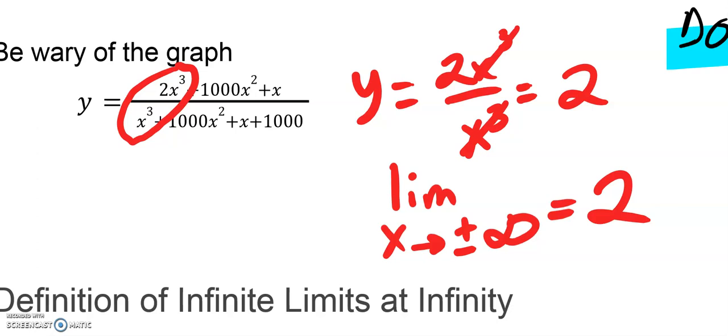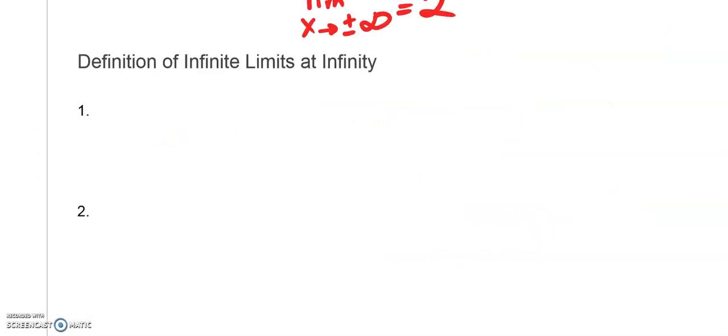So just be careful of finding limits on your calculator and using your calculator only. This gets really confusing if you look at the definitions in the book. But just know that if you take the limit as x approaches infinity of a function, it can be positive infinity.